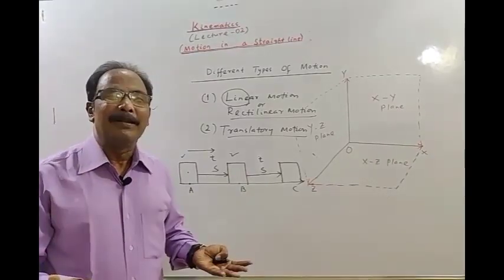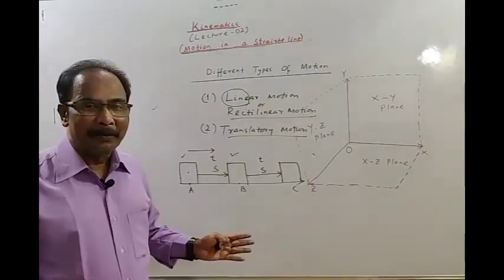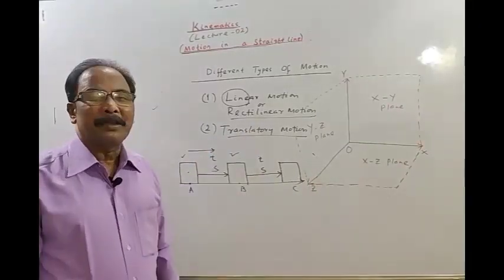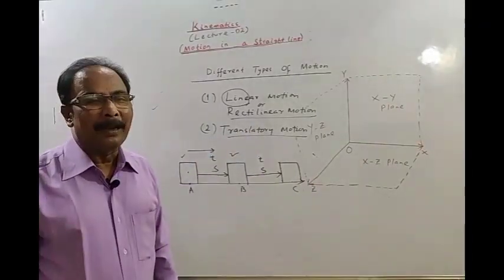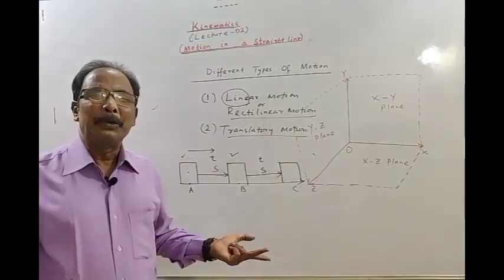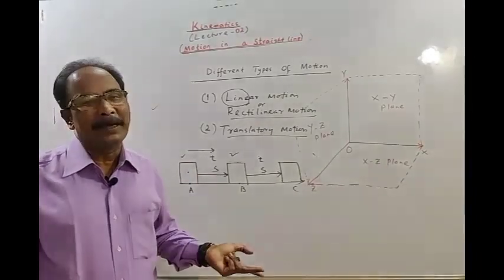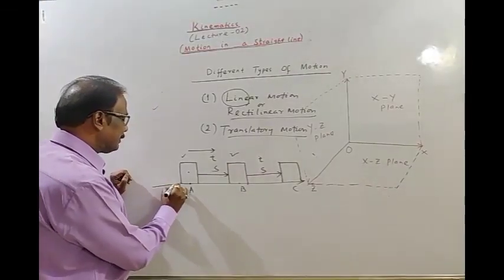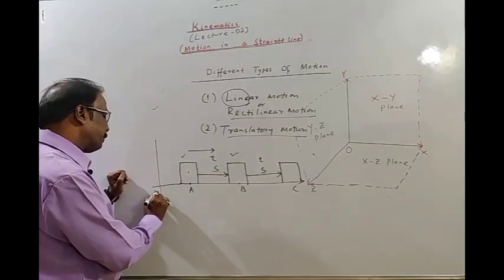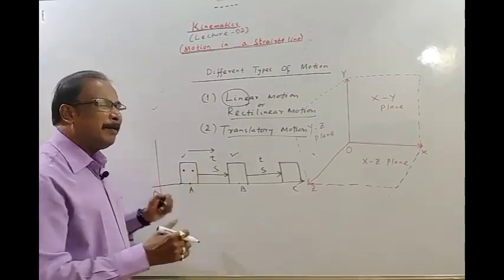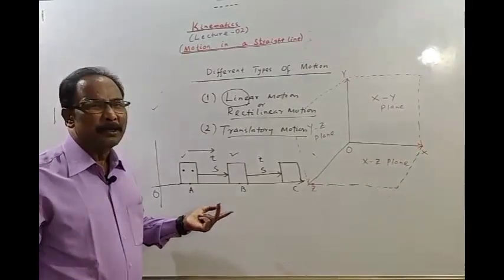Then another point under translatory motion. When a body executes translatory motion, the particles of the body also cover equal distance in equal intervals of time. Let's consider this is the x-axis and this is the origin. A body may contain millions of particles.